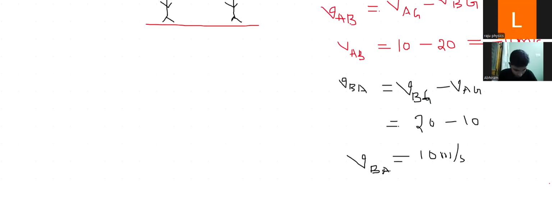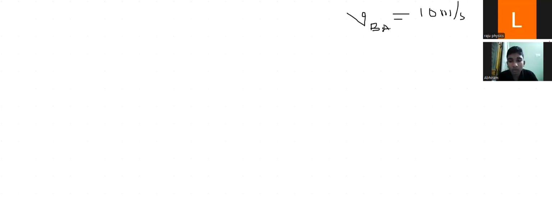Okay, next, one more problem. Two vehicles are there, like two cars. This is the first car, and one more car is there.